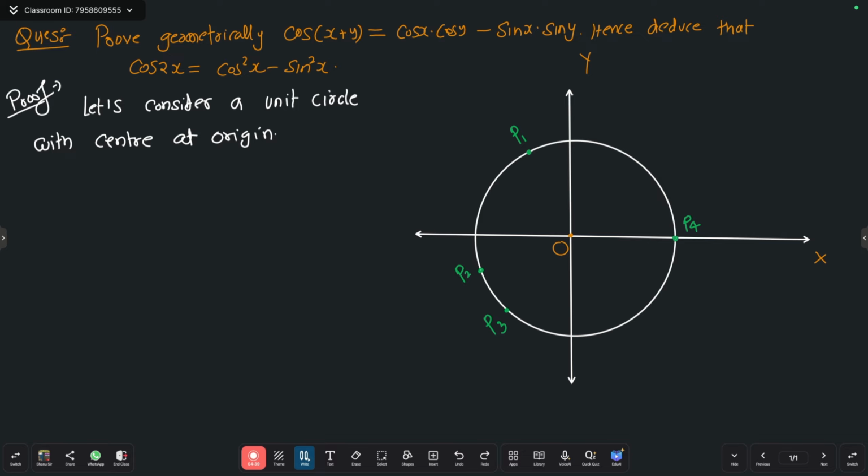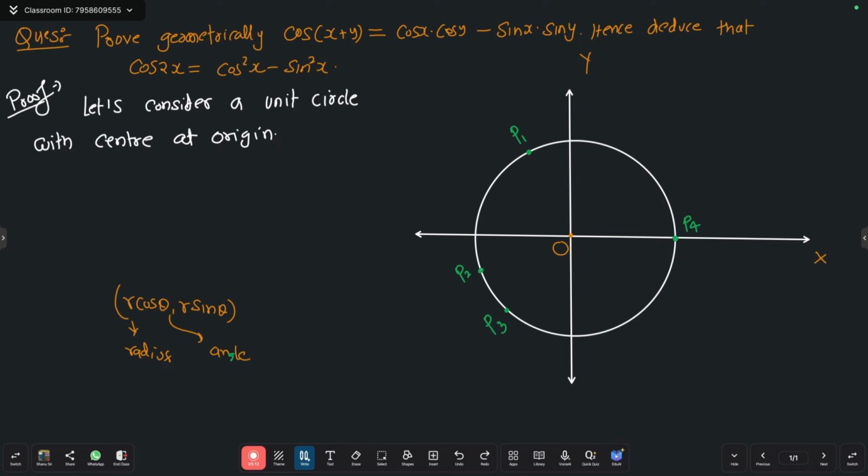And you know, the coordinates of any point on the circle are given by r cos theta comma r sin theta, where r means the radius of the circle and theta means the angle with the x-axis.